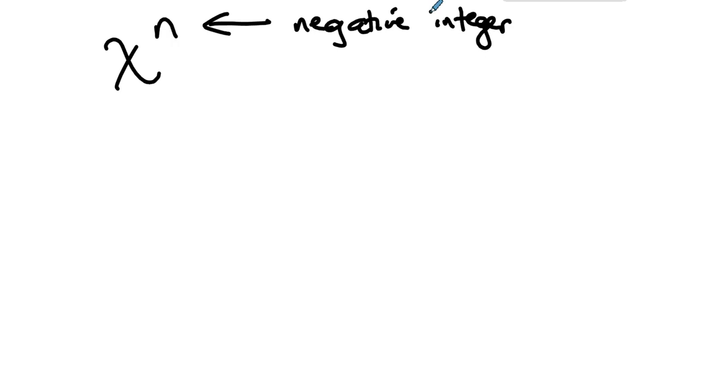Well, we want still to obey the rules we set up. So we know that x to the a times x to the b is x to the a plus b, right? We still want that to be the case, even when we change what kind of number the exponent is. X to the third times x to the second is x to the fifth.